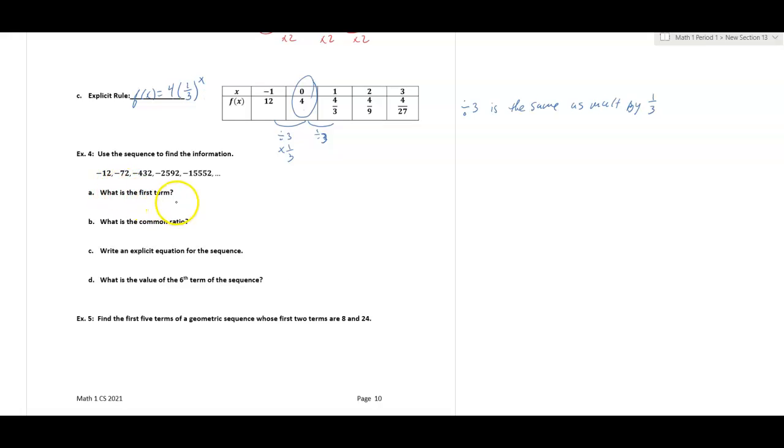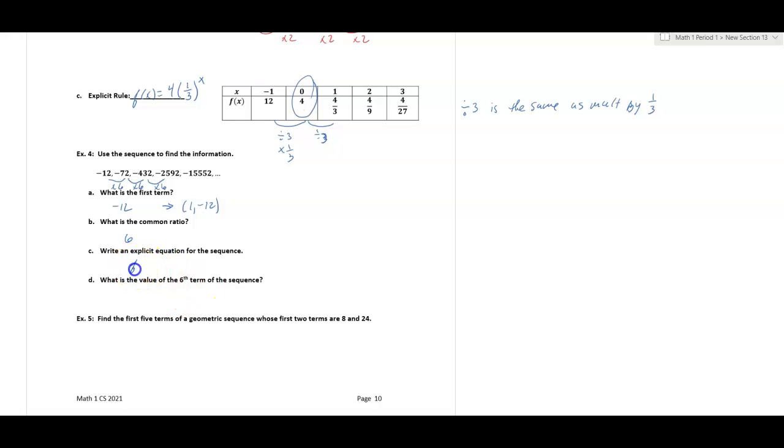So now here, when I look at the next one, I notice I'm multiplying by 6 each time. So what is the first term? The first term is negative 12. So if I had to make this an ordered pair, it'd be 1, negative 12. The common ratio here is 6 because I'm multiplying by 6 each time.